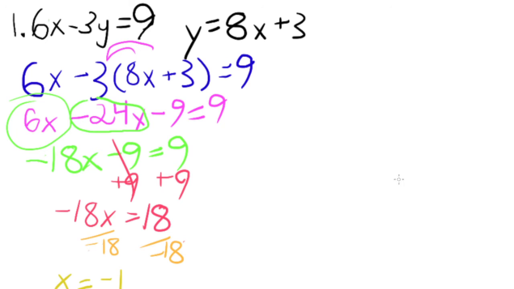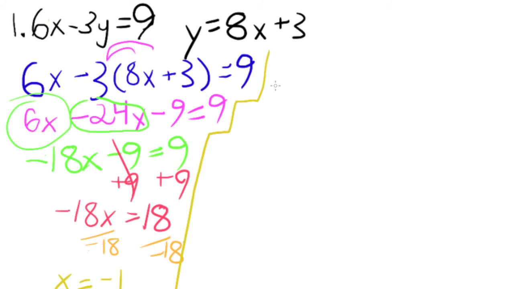So that's how you get the x, but now we're going to have to worry about getting the y. And it actually is pretty similar to before. So I'm just going to do another border just so I don't confuse myself. That's negative 1 down there. And I'm going to start by taking this equation because it's in slope-intercept form. It's pretty simple and just solving like that.